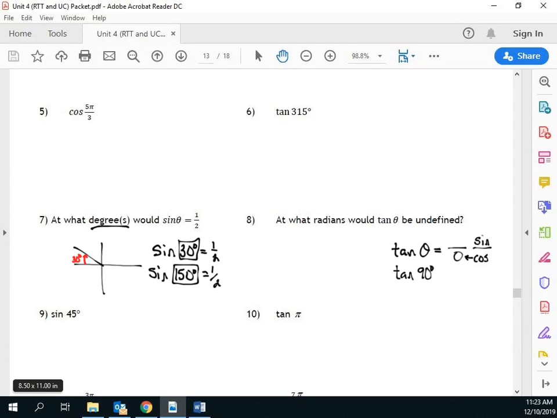Wait, it's saying radians, isn't it? Pi over 2 or 3 pi over 2. So it's all on the y-axis, isn't it? It's at the top part of the y-axis or at the bottom y-axis. Because that's where x equals 0.